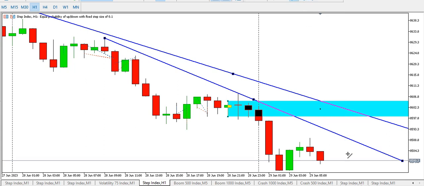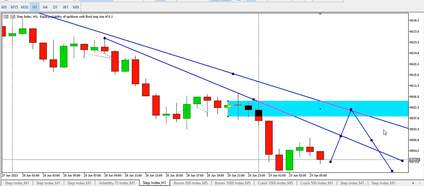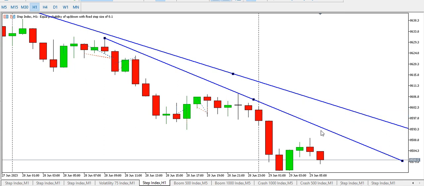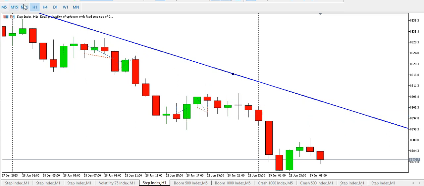Price might possibly go up and get to this order block and drop, because the order block is also in confluence with the descending trend line. Okay, so that's that for step index on the 1 hour time frame.